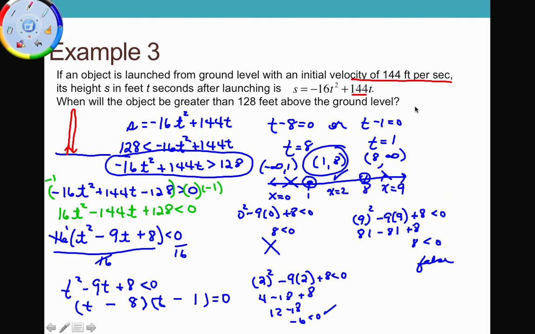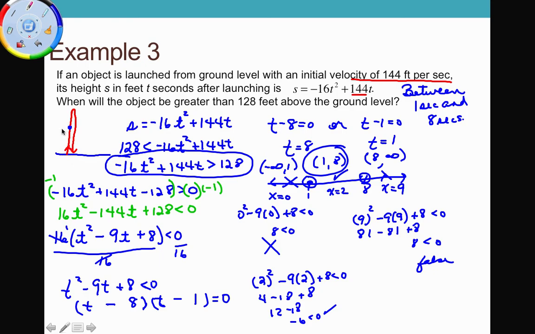So when will the object be greater than 128 feet from the ground? When will that happen? It will happen between 1 second and 8 seconds. Okay, right here. So if you'll notice, we shoot from the ground, and after 1 second, we're here.